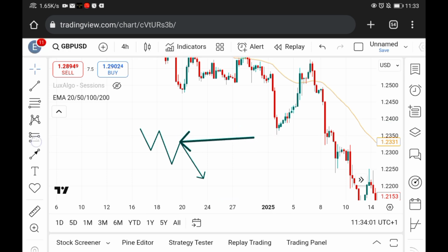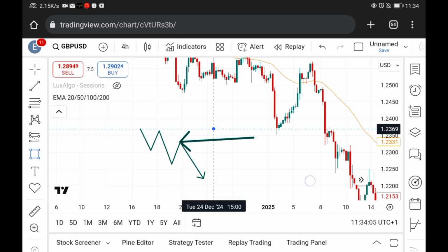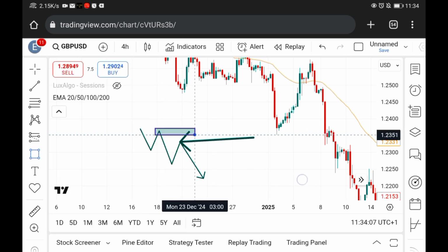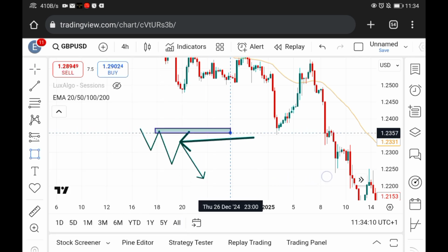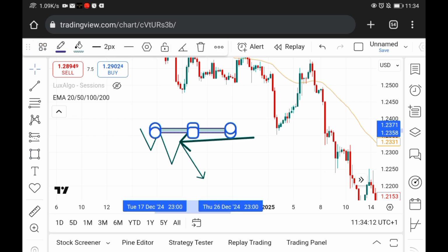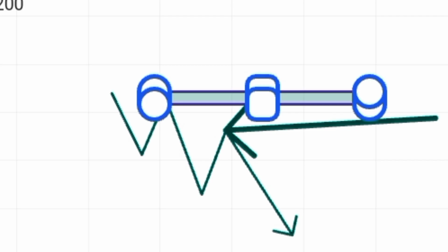Then I place my entry at this very zone. I mark this zone, 5 minutes candle at this very zone. So upon the market tapping into this zone, I took my trade down to the downside.